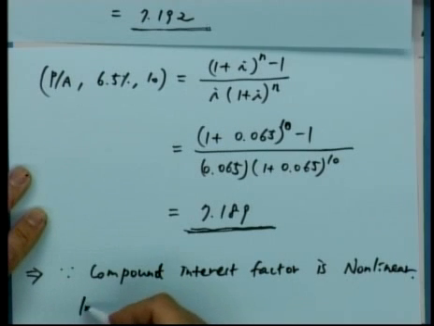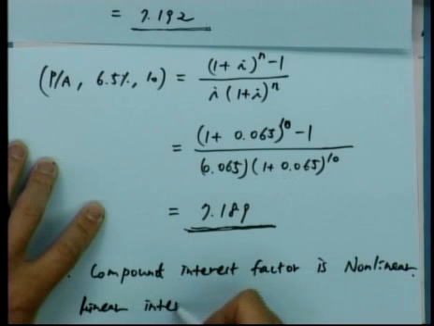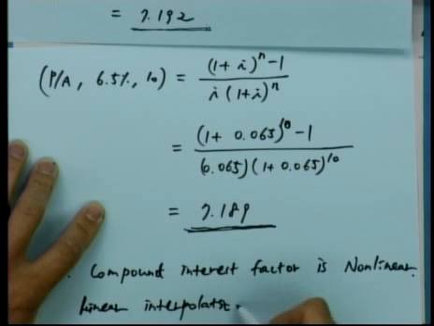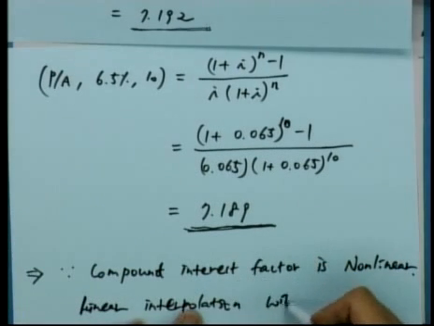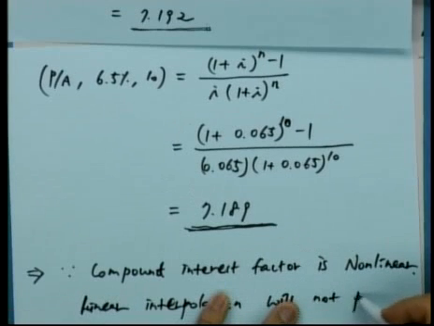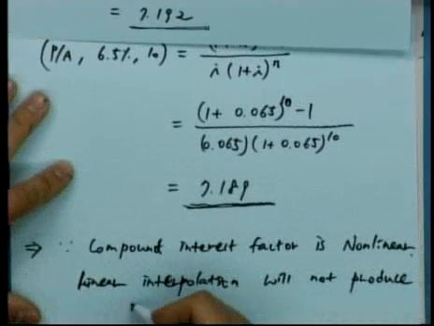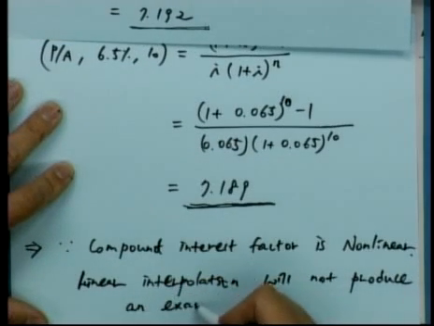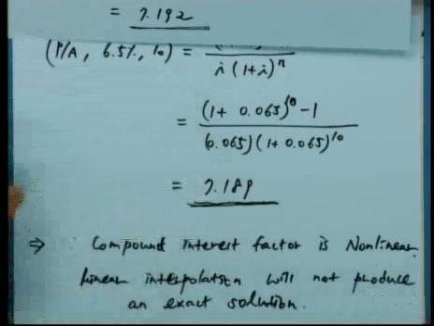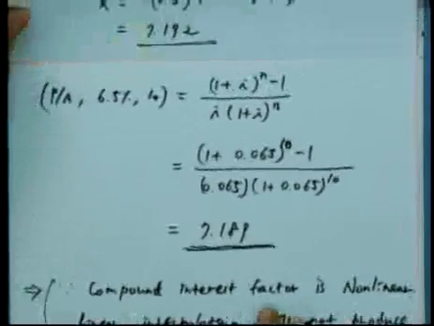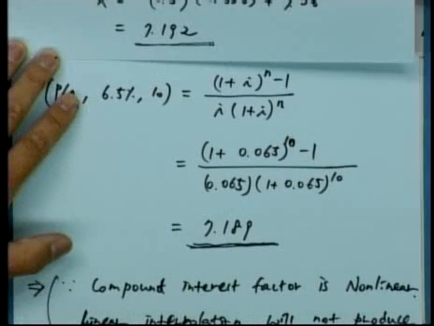So the linear interpolation will not produce an exact same value, exact solution. Okay? That's the reason why we have two different values from two different approaches. Okay?